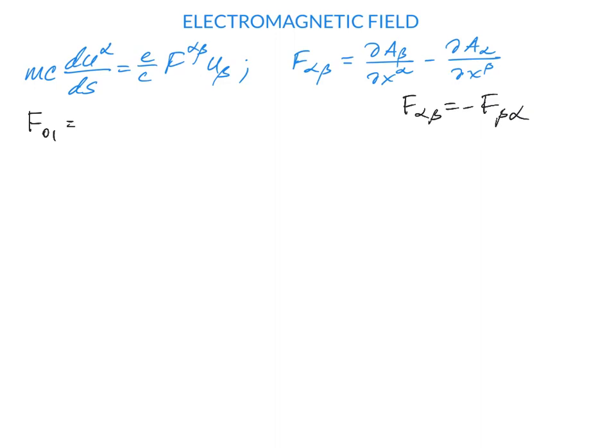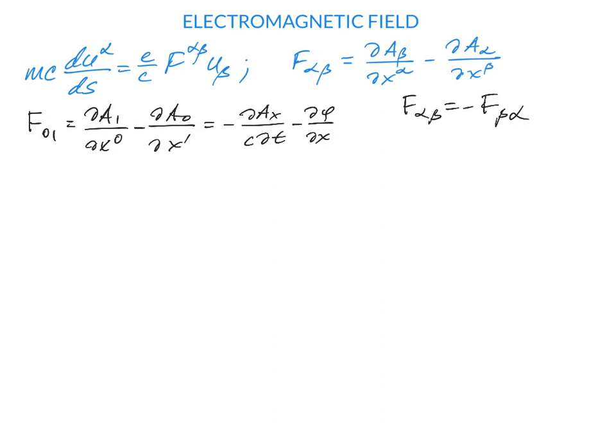So by definition, it's dA1 by dx naught minus dA naught by dx1. Substituting the definitions, this will be negative dAx by c dt minus d phi by dx. Remember the covariant components of A are phi and minus A. That's why there's a minus sign in the first term.